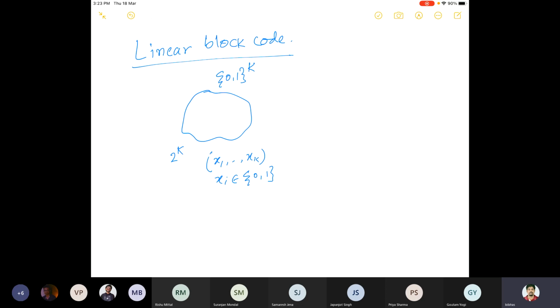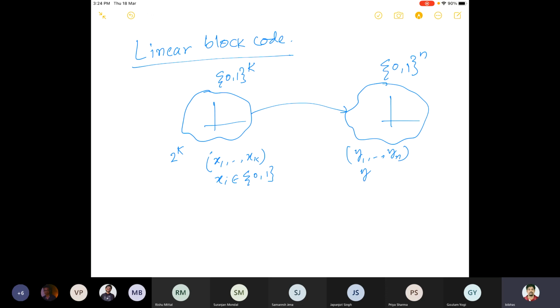Now I have to convert it into a set of strings of length n. So I consider the vector space 0, 1 to the power n. Any entry here on the right hand side is a string of length n. So you can say y1, y2, up to yn, where yj belongs to 0, 1. And we assume that n is bigger than k.